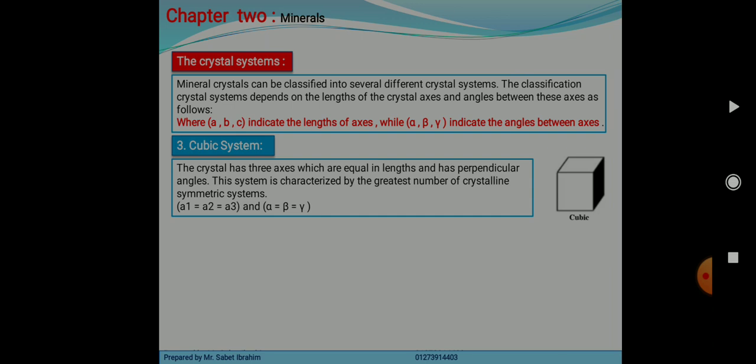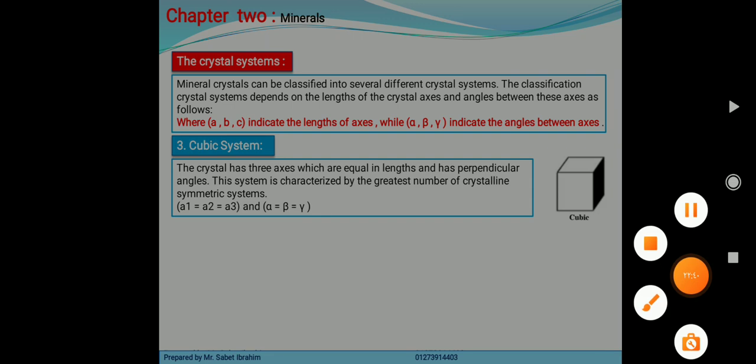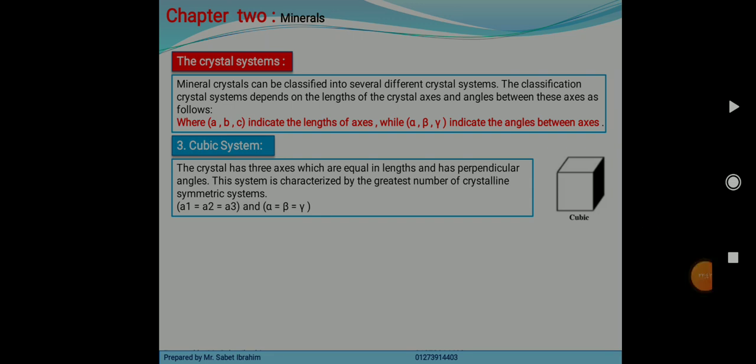The first system is the cubic system. As we see here, the crystal has 3 axes which are equal in length and has perpendicular angles.